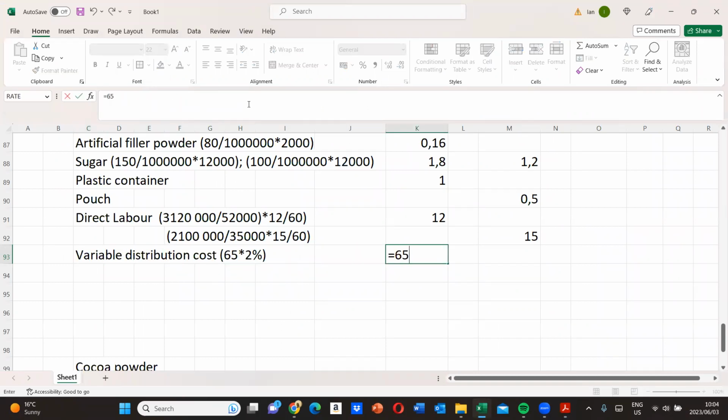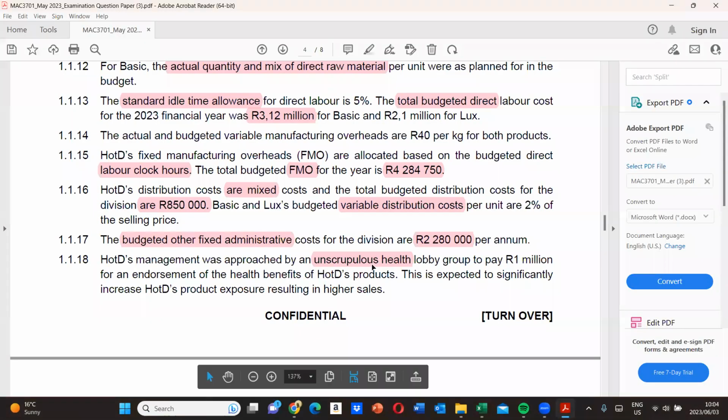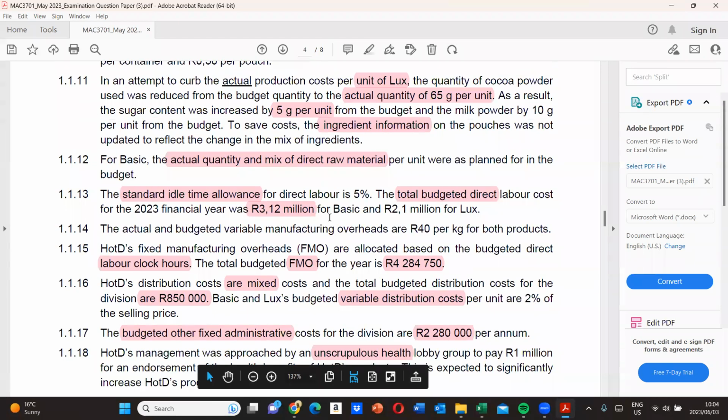So 65 times 2% gives us 1.3. And then the other one was that calculation we used. It was 2% of selling price. What is the selling price now of basic?